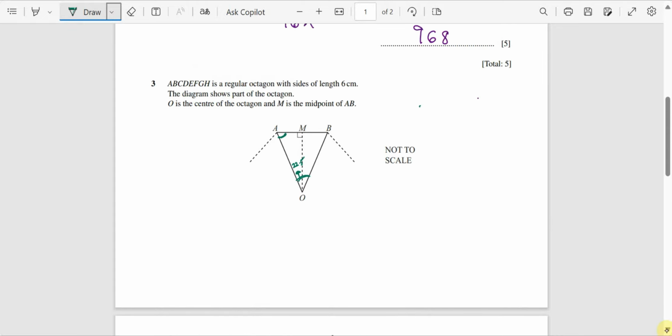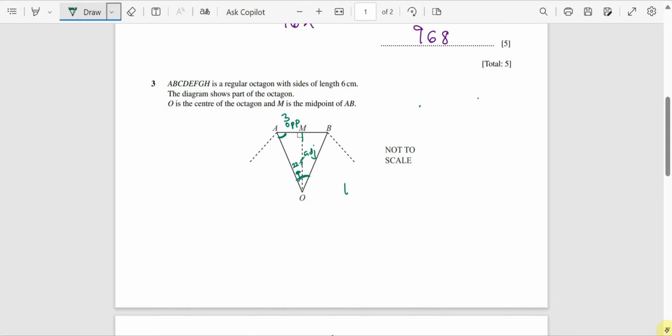If I use half base times height, that means we need to find the height, which is OM. So let's find OM. Using this angle, this is the opposite, this is the adjacent. Remember we're told that M is the midpoint, so this is 3.